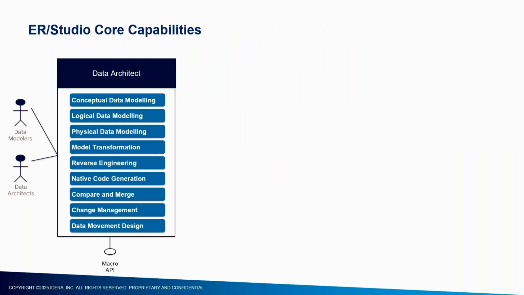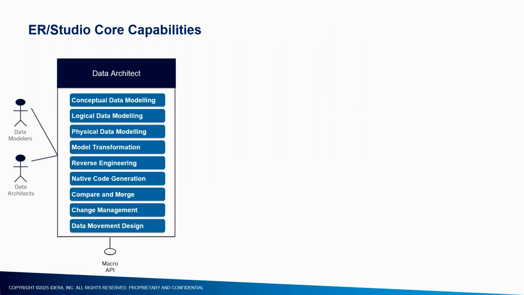Okay, quick refresher on EOS Studio itself. Those of you who are a little bit new to EOS Studio, it is made up of a number of different components. The first one we're going to quickly scan through here is EOS Studio Data Architect. This is the modeling tool itself. This is where we create the data models, logical and physical models, where we can do things like reverse engineer.